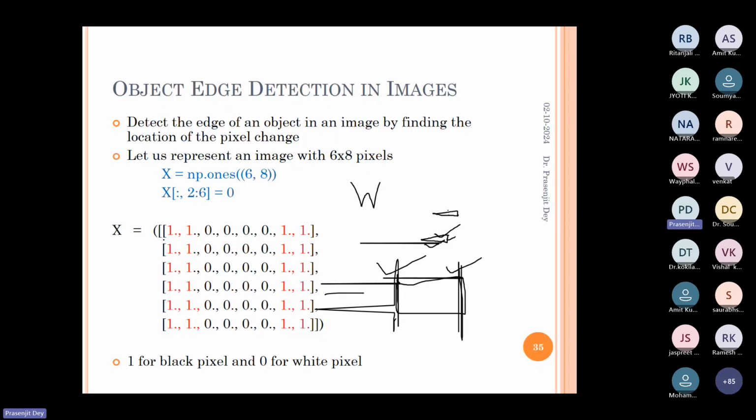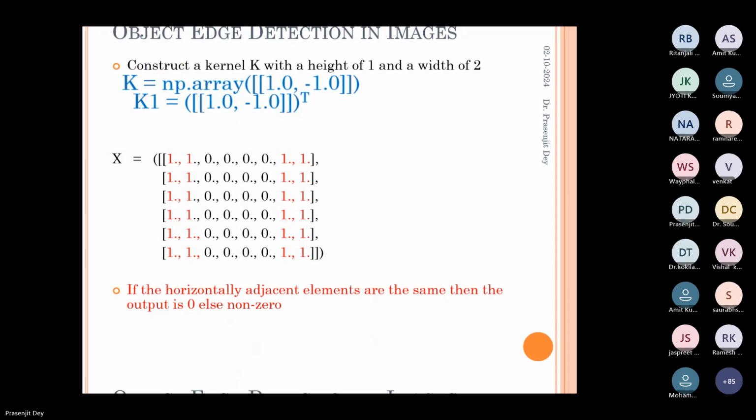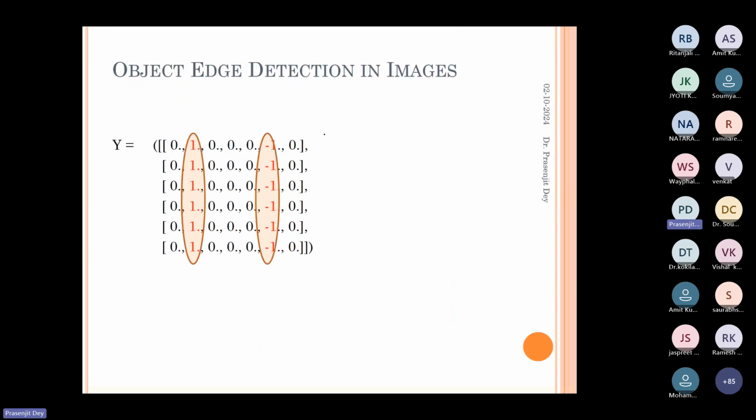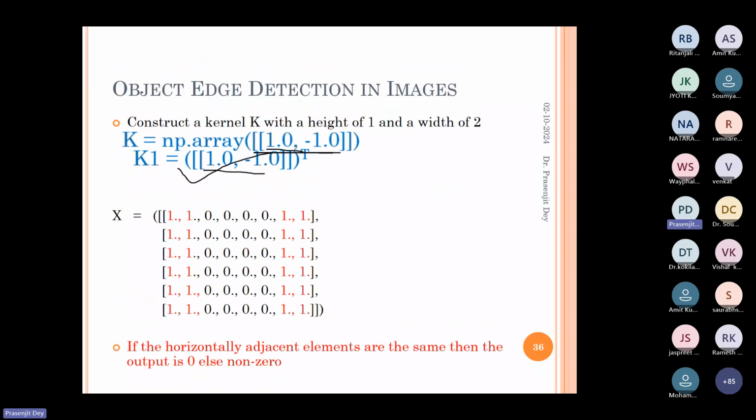So this is my input image, and I am going to use this kernel, 1 and minus 1, to find the edges. I will apply it on this particular input and come up with a certain output.